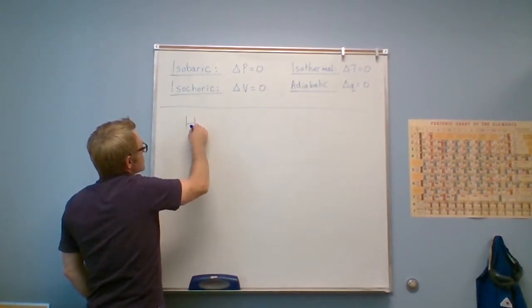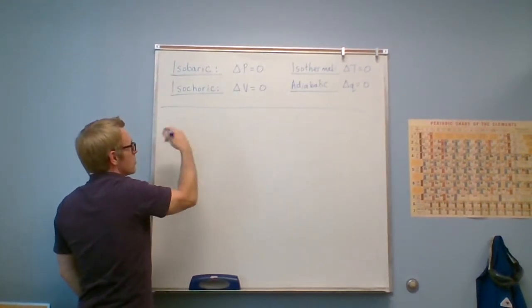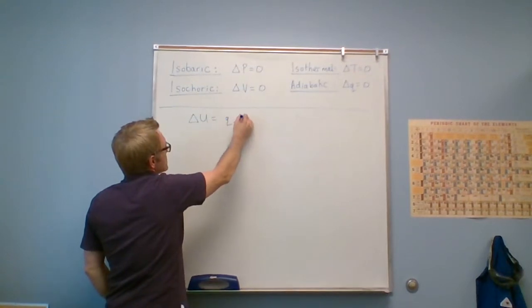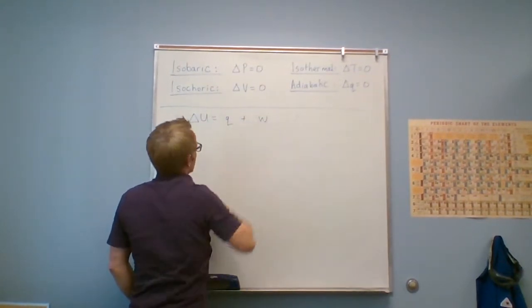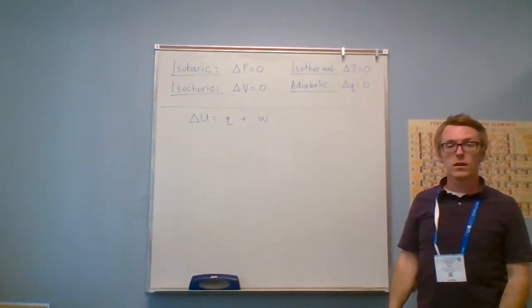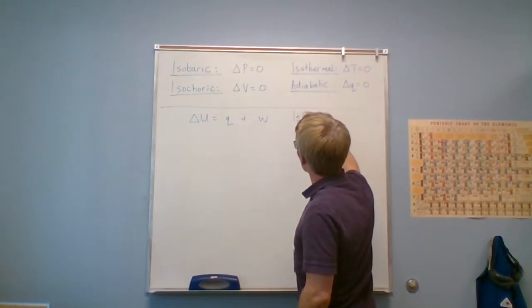So let's take this equation H. Well, let's start with what we saw in a previous video. Delta U is Q plus W. So we said that change in internal energy is heat and work. And we know this is the first law of thermodynamics.